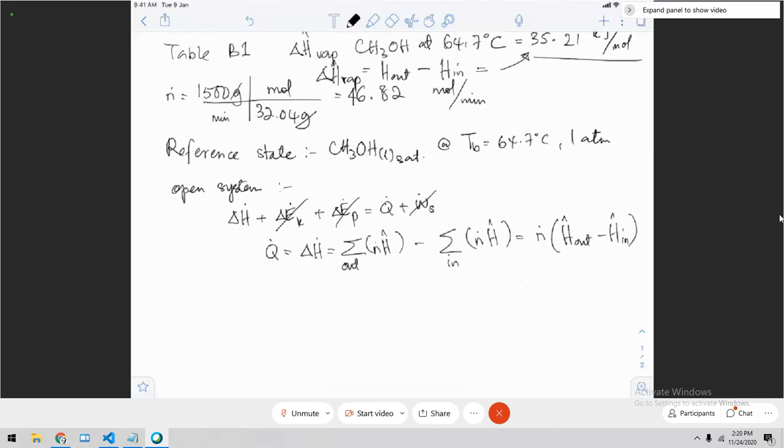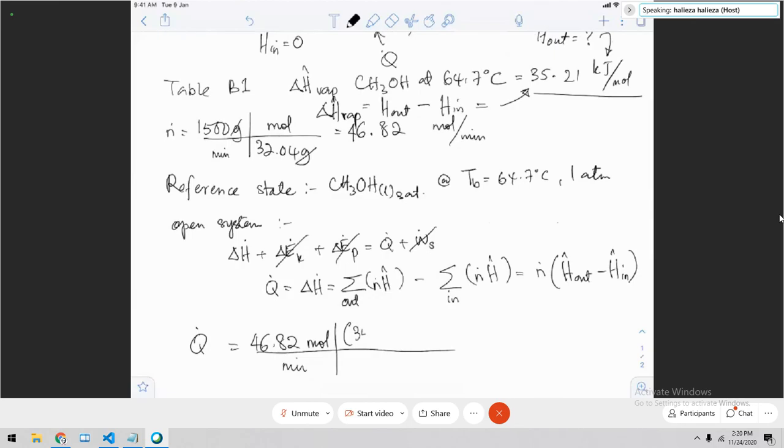Our molar flow rate just now, we managed to get 46.82 mole per minute. And our H out, we have 35. Doctor, is it that delta H will equal H out minus H in plus latent heat of vaporization?